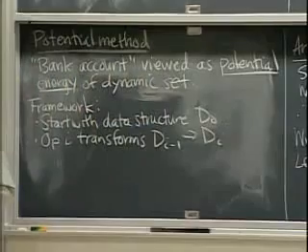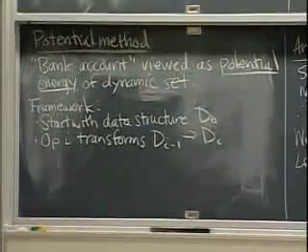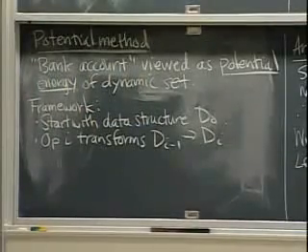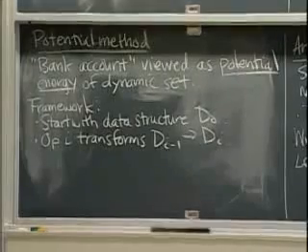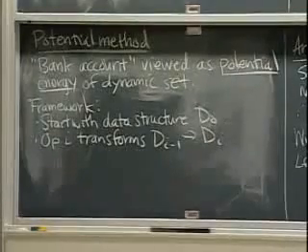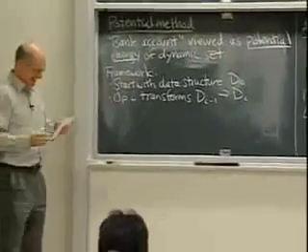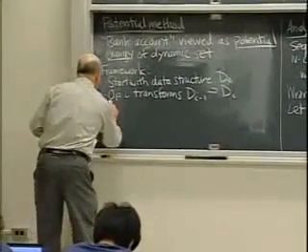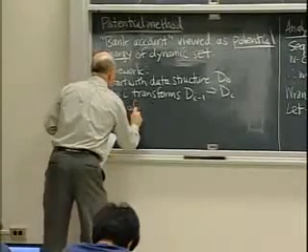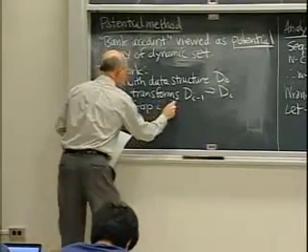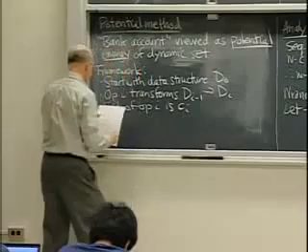So you view the operation on the data structure as a mapping of one data structure to another, the one from before to the one after. It's nicely mathematical. And of course the cost of operation i remains c sub i.